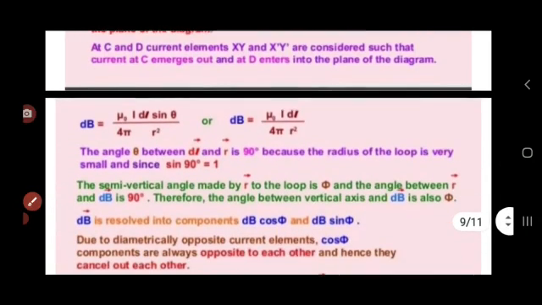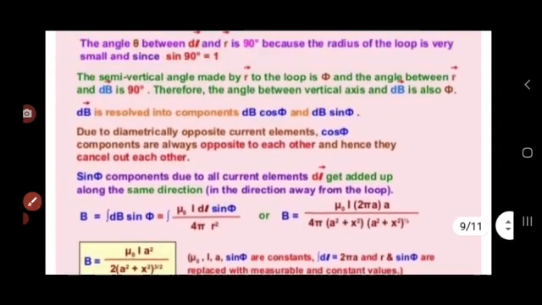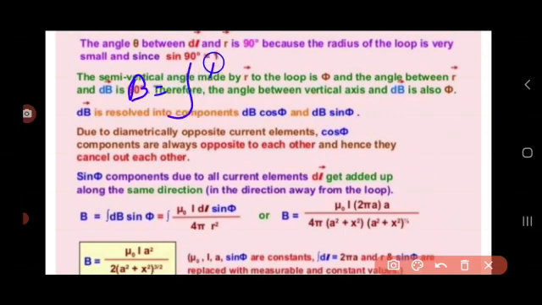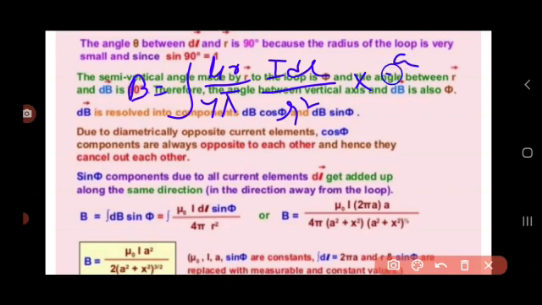So B is equal to mu naught I by 4 pi r cubed times a, which comes out as a constant. So integrating dl is left, and whenever integrating dl, the result is the circumference, 2 pi a.